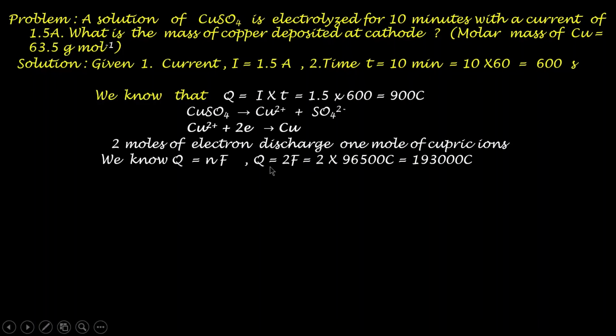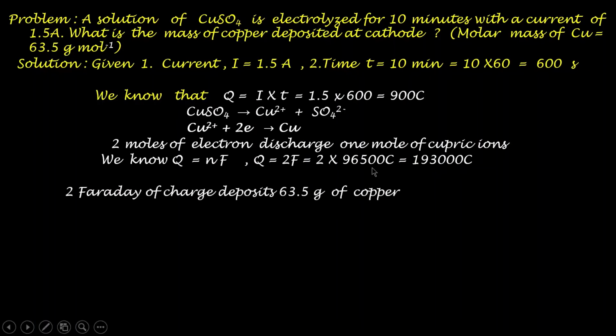So Q equal to 2 Faraday, that is 2F, because n equal to 2 here: 2 moles of electrons are gained by 1 mole of Cu2+ ion to form 1 mole of copper. But F equal to 96,500 coulombs, that is 1 Faraday. So 2 into 1 Faraday will give the charge of 2 moles of electrons, that is 1,93,000 coulombs.